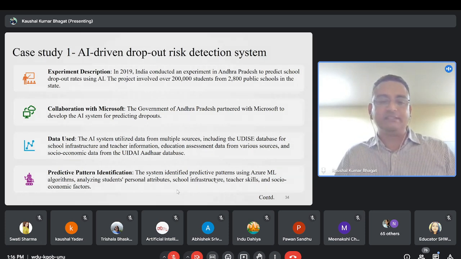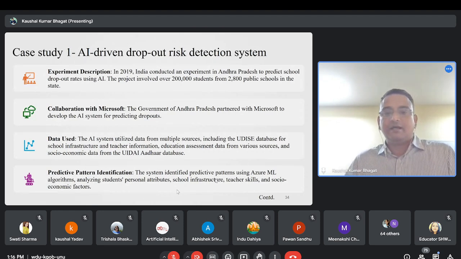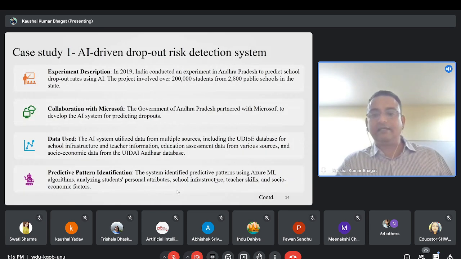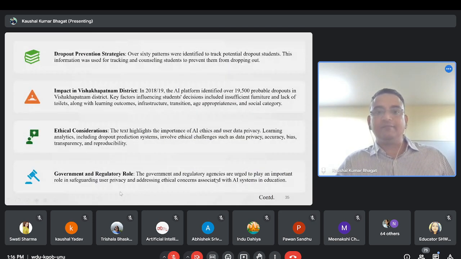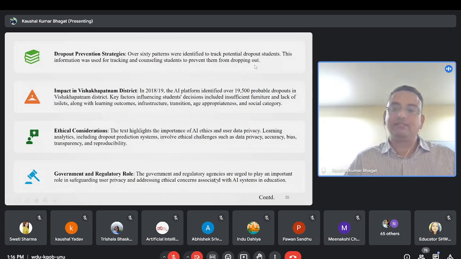Basically, they were identifying the reason that students are dropping out from schools. They identified patterns by analyzing students' personal attributes, school infrastructure, teachers' skills, and socioeconomic factors. Over 60 patterns were identified to track potential dropout of the students.